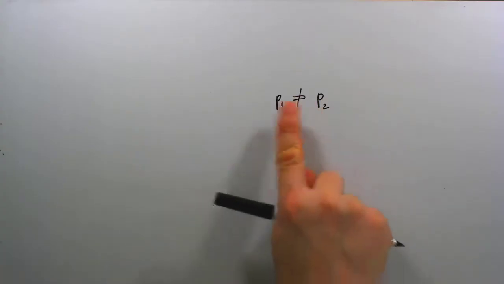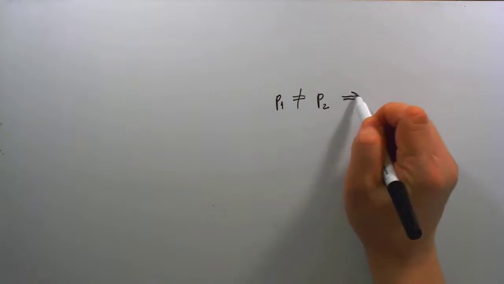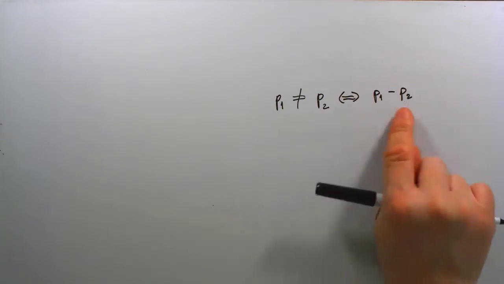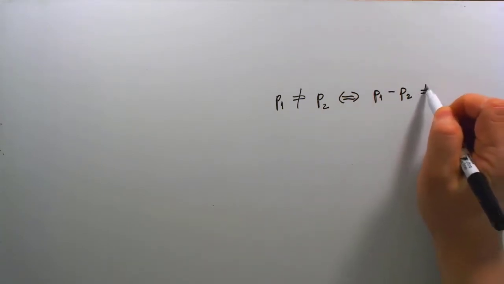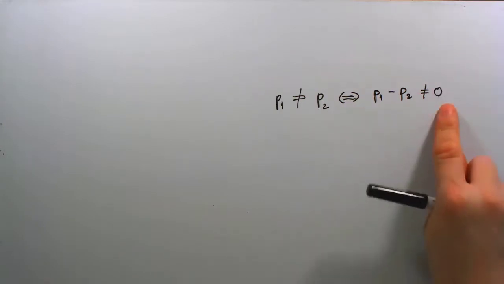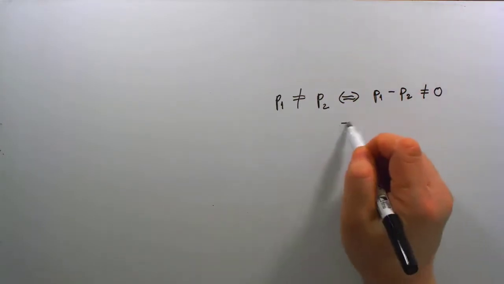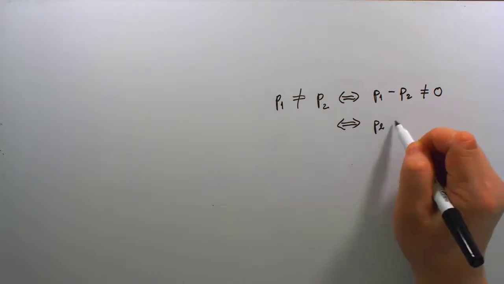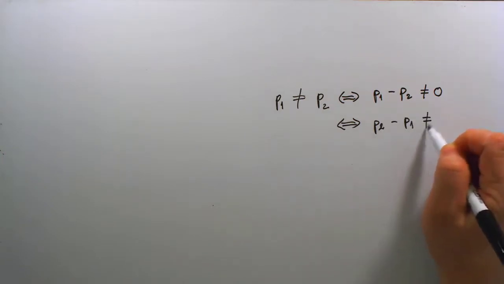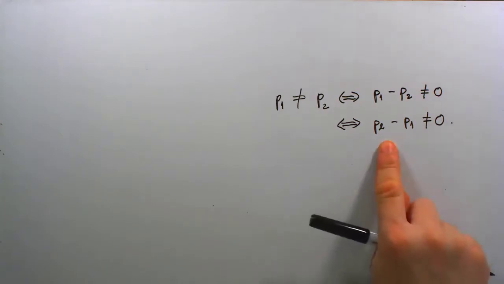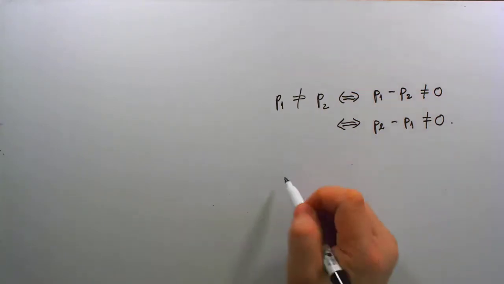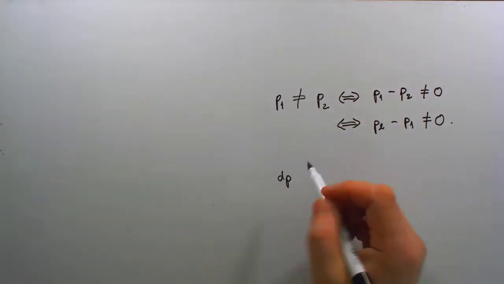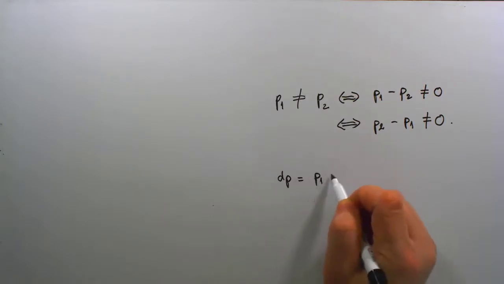And so right from this comparison statement, algebraically we can rewrite that as P1 minus P2, a difference between P1 and P2, and that difference is to be stated as different from 0. Or we can also rewrite that same comparison statement as P2 minus P1 being different from 0, as a difference between P2 and P1. However, in our definition of dp that we have already defined, we permanently define dp as the difference p1 minus p2.